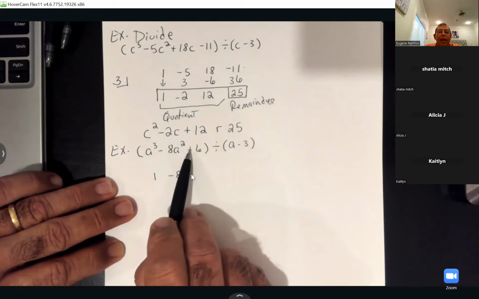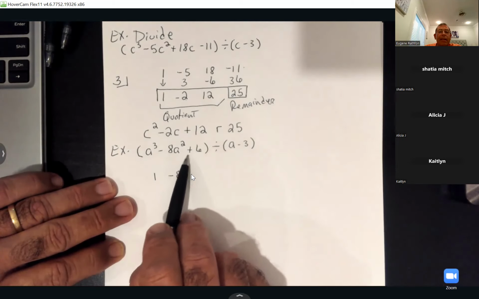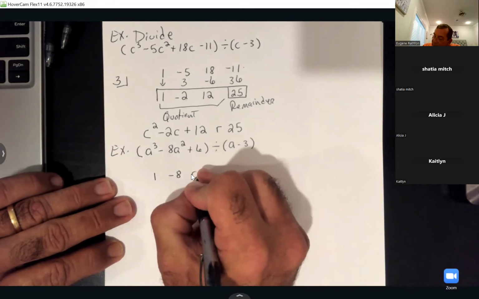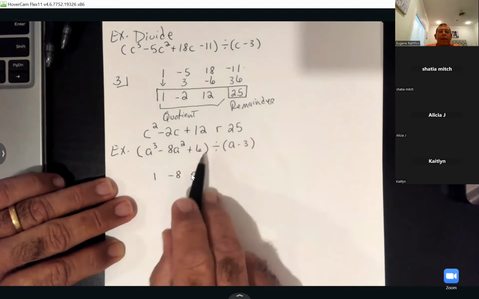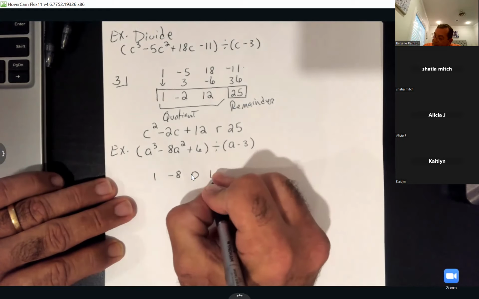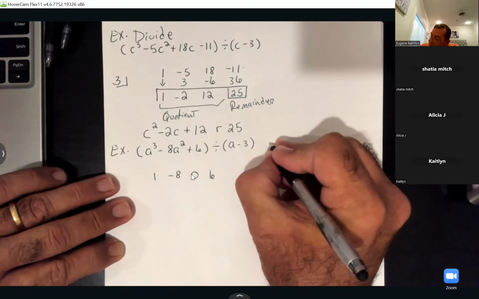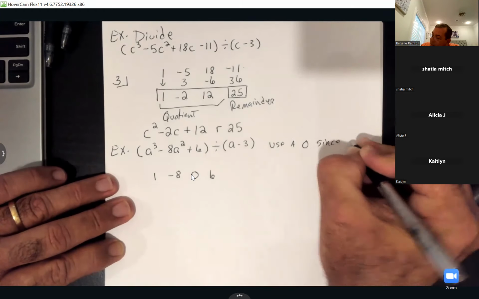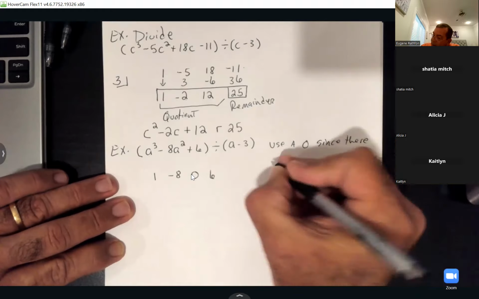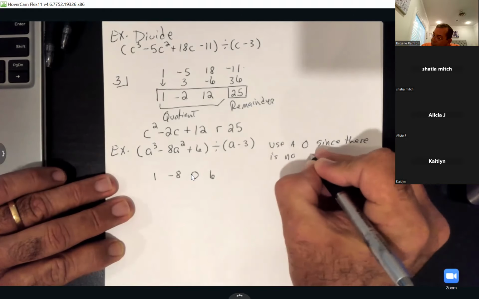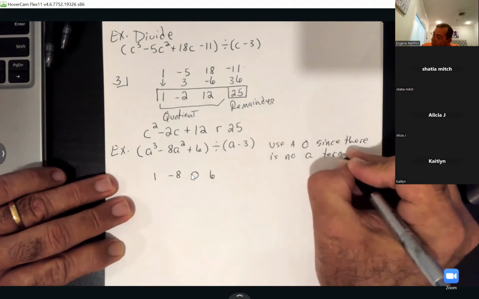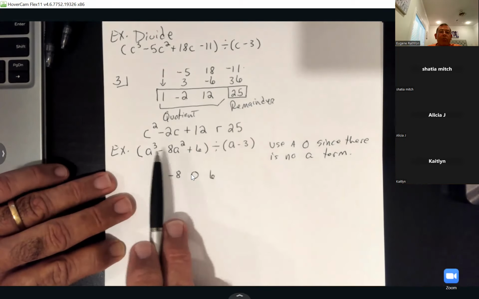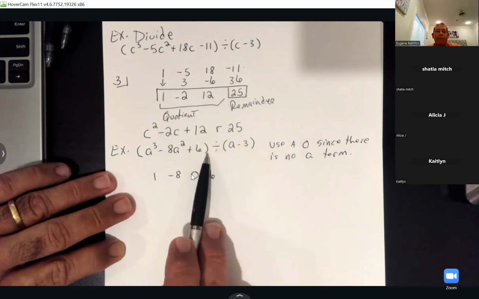But y'all, there's not an a in here. So since I don't have an a term, my next number has to be a 0. And then at the end would be my 6. So for this one, I had to use a 0 since there is no a term. Okay. So starting from the beginning, you got to have an a3, an a squared, an a, and then your number.